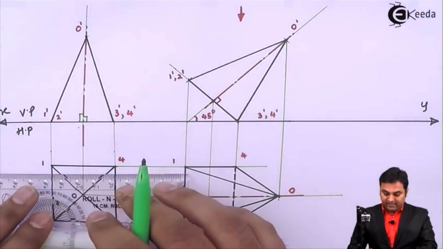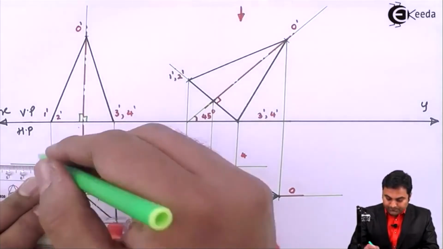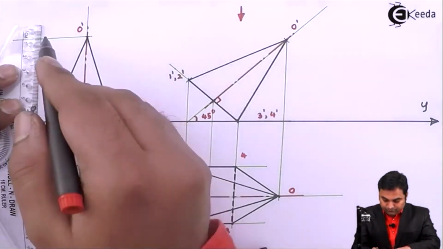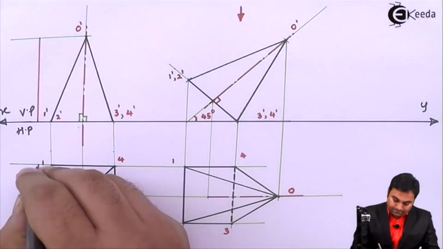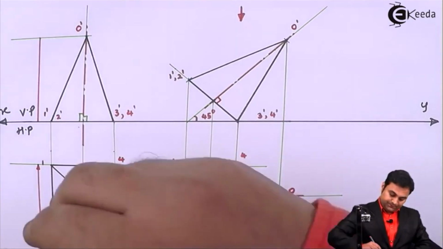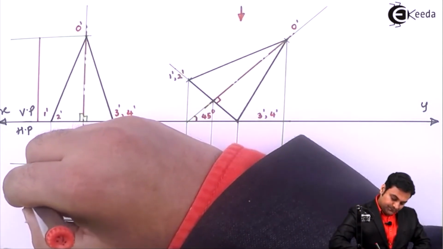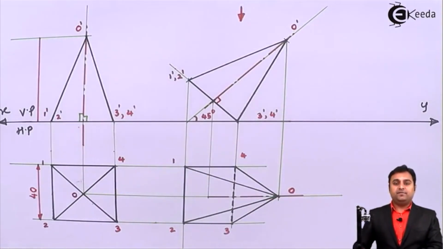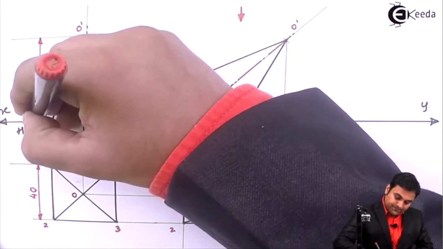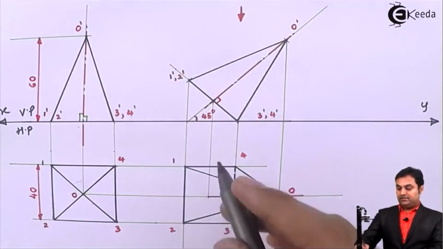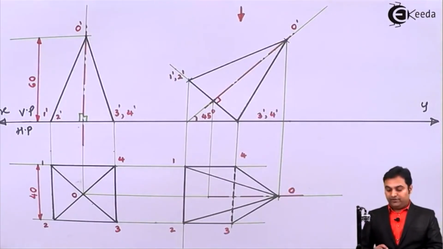And finally giving the dimensioning. Base edge is of 40 mm side and axis height is 60 mm given. 60 and inclination of the axis is 45 degree.